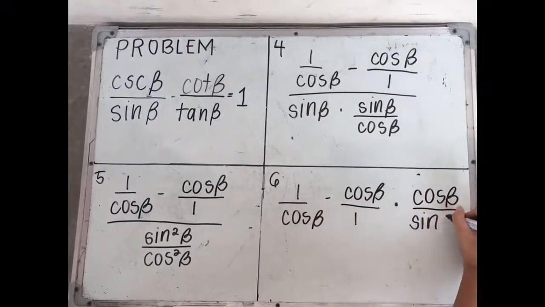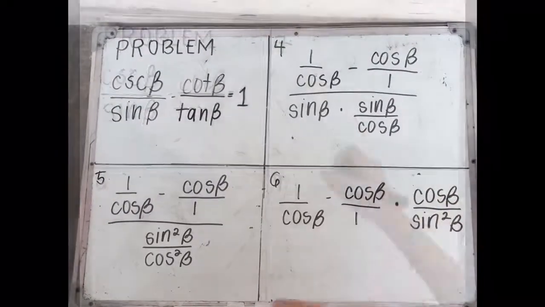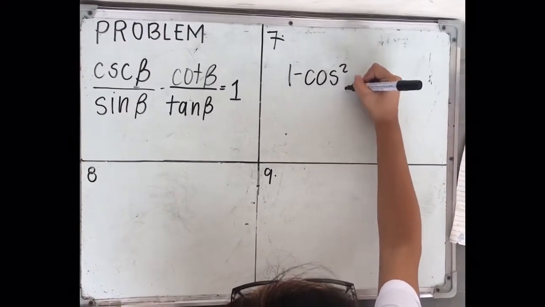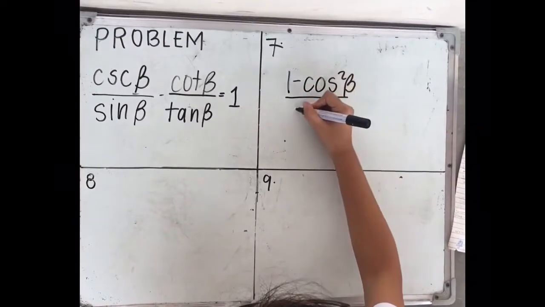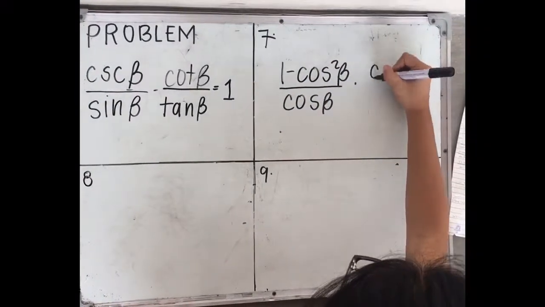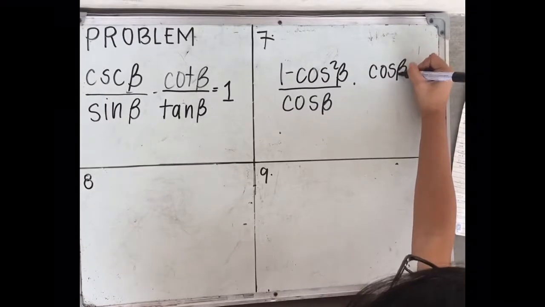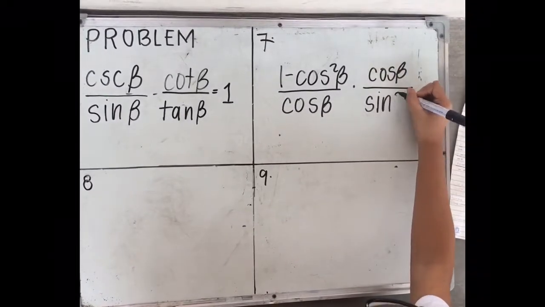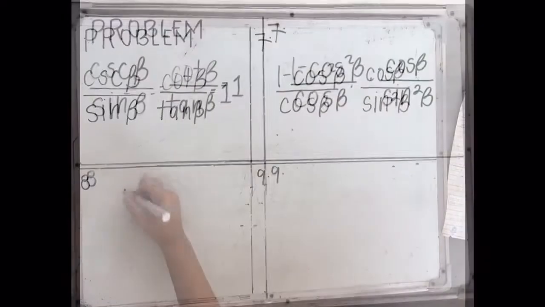For the sixth is 1 over cosine beta minus cosine beta over 1 times cosine beta over sine squared beta. So for the seventh, we have 1 minus cosine squared beta over cosine beta times cosine beta over sine squared beta.